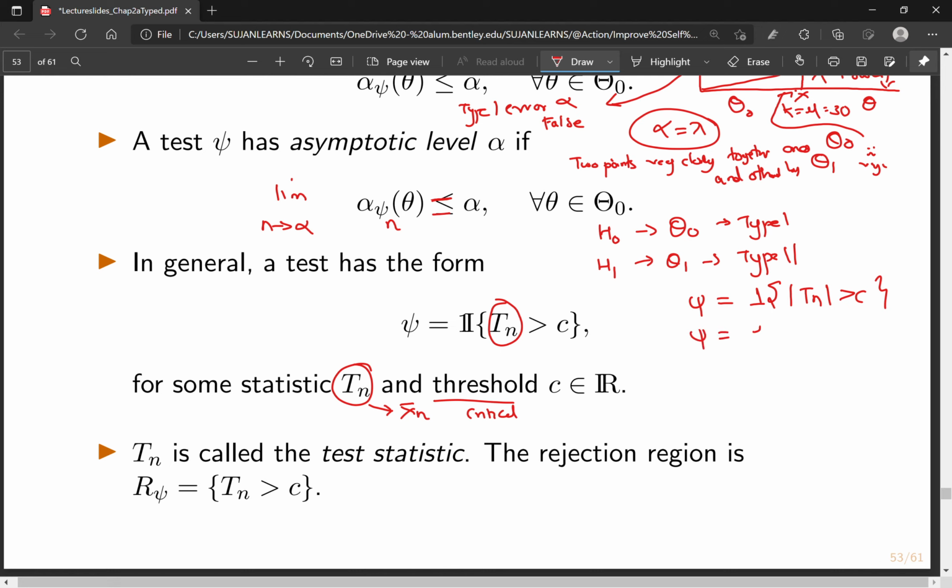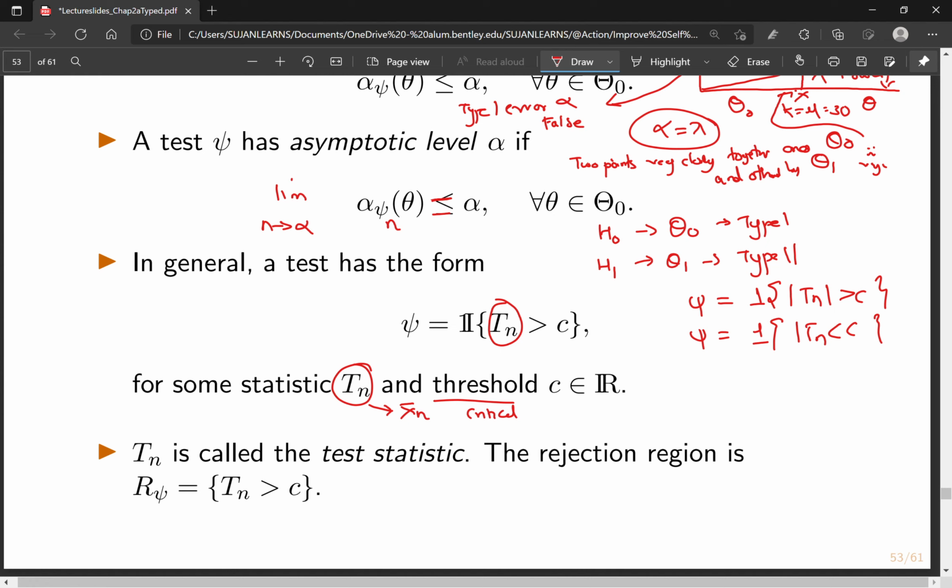You can say the test equals the absolute value of Tn less than C. These forms are also possible. Therefore, there's no hard and fast rule that this is the way to write a test. There are many ways to write tests. Just to let you know at this point.